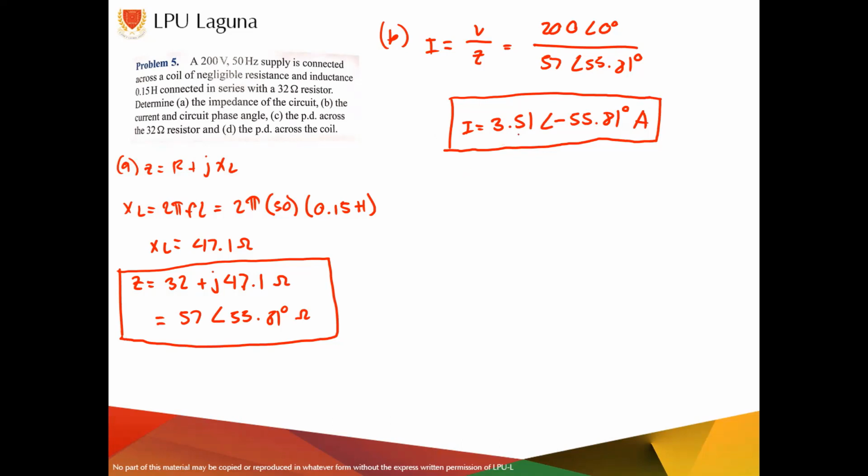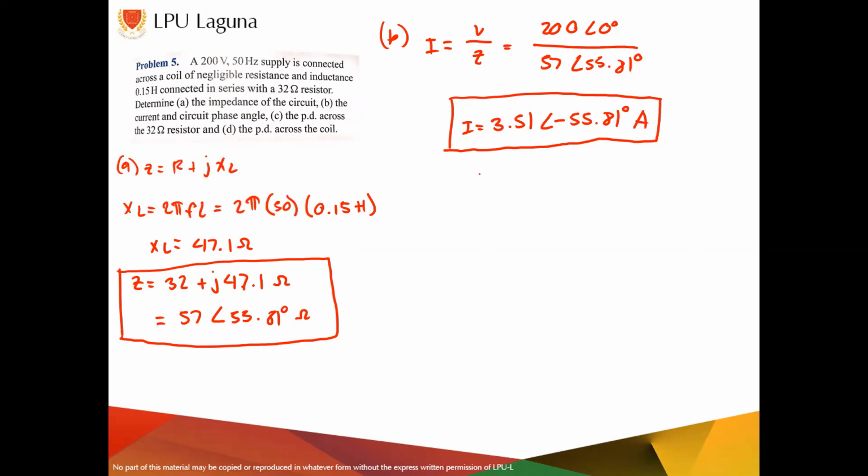So the current is 3.51 amperes, lagging the voltage by 55.81 degrees. So ano natin yan, drawing natin. Sige.